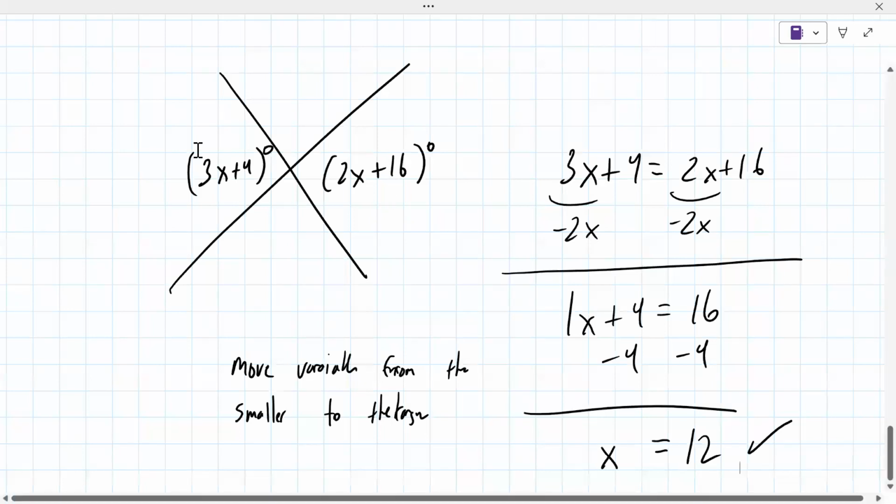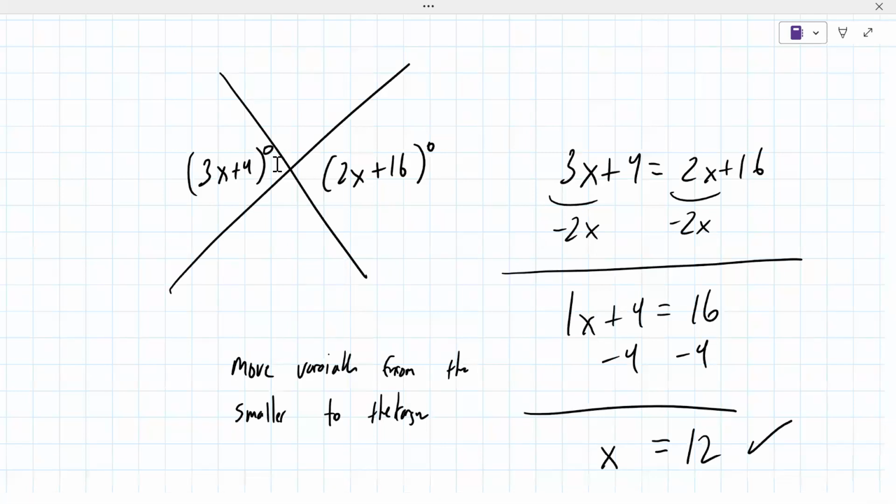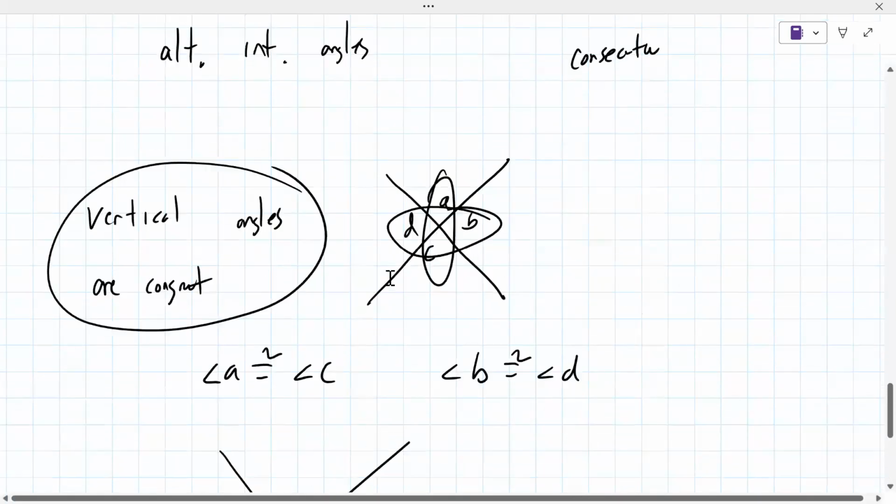Nope. Why did we set these angles equal? I don't know. Okay, let's scroll back in the notes here. What kind of angles are they? Vertical angles. And what do we know about vertical angles? They are always congruent.